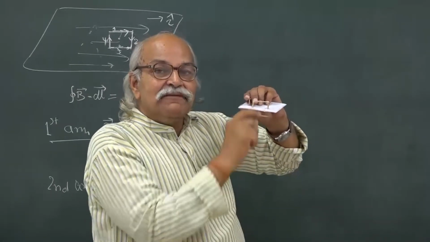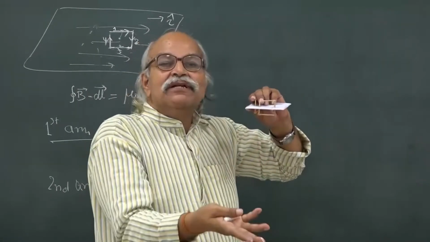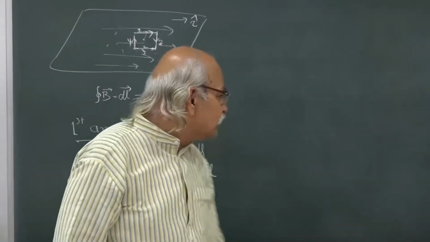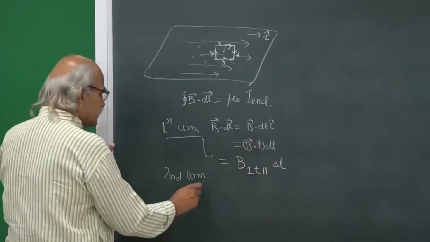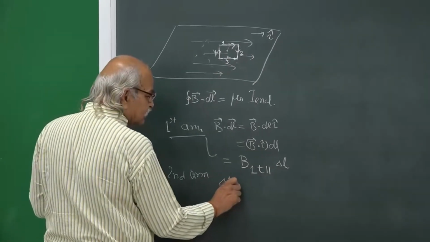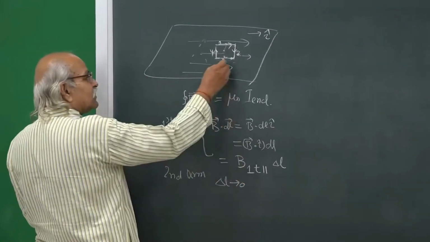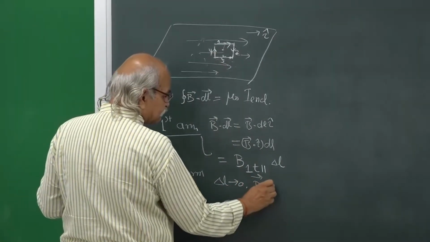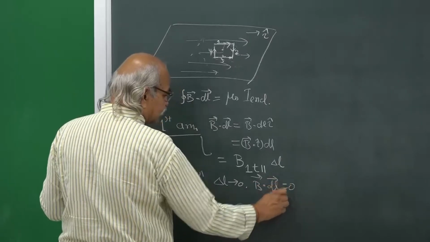And if the length itself is 0, then B dot dl will be 0. So, on the second arm, since delta L is going to 0, we are talking of just above and just below, therefore this B dot dl is 0 on the second arm.